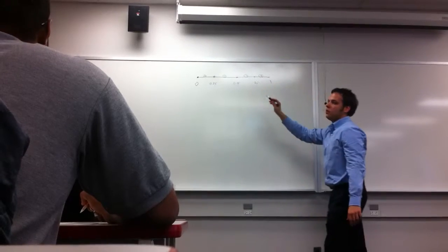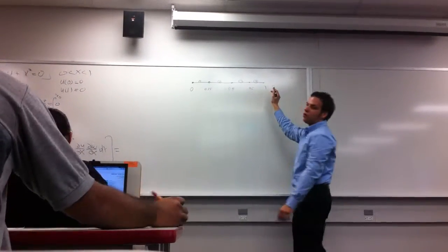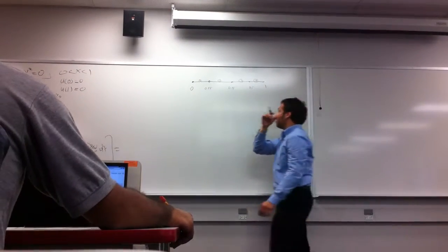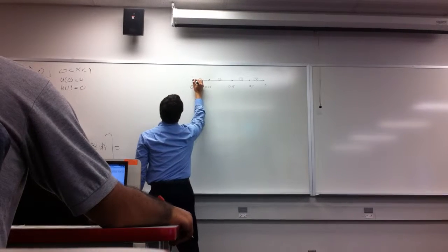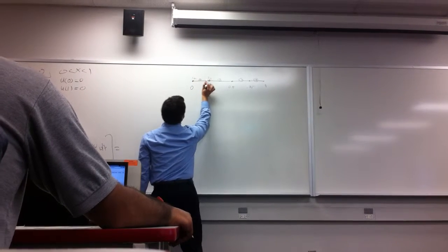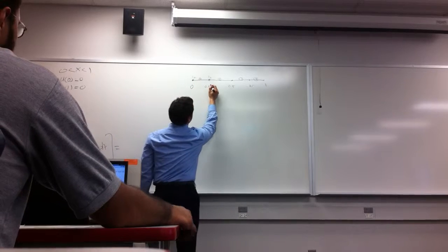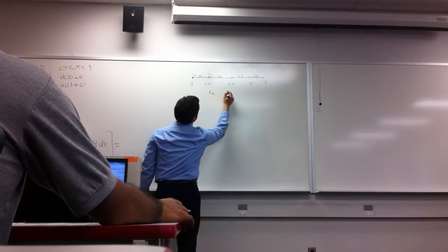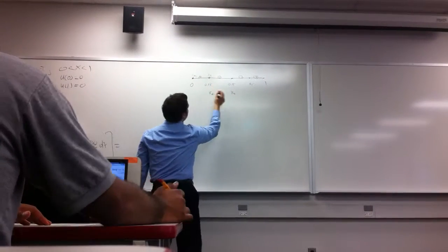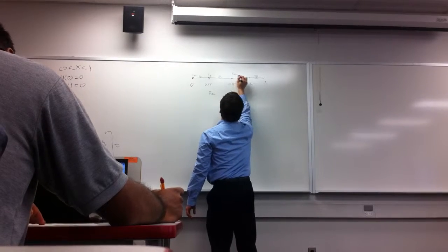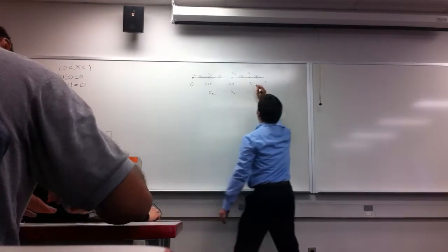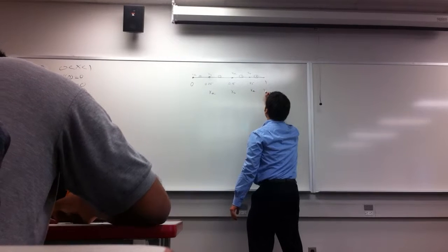With these nodes right here, you've got 4 elements, 1, 2, 3, and 4, right? And every element goes from xa to xb. So that becomes xa and xb for element 1. For element 2, that's your xa, that's your xb. For element 3, that's your xa, that's your xb. For element 4, that's your xa, that's your xb.